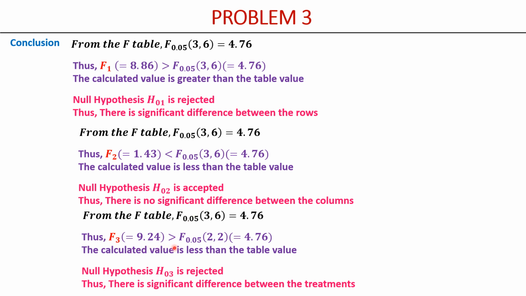The F3 value is greater, and therefore we accept the alternate hypothesis and reject the null hypothesis. So there is a significant difference between the treatments. There was no mention of what is to be found because the question just said analyze the variance. So here all three results matter. It is better we analyze it for all the parameters to be on the safer side.